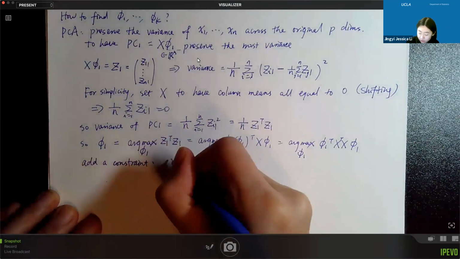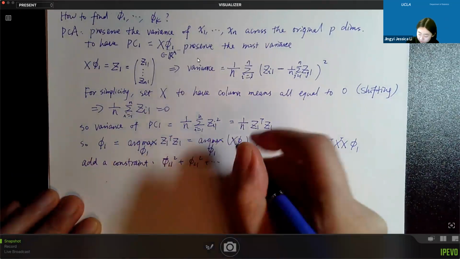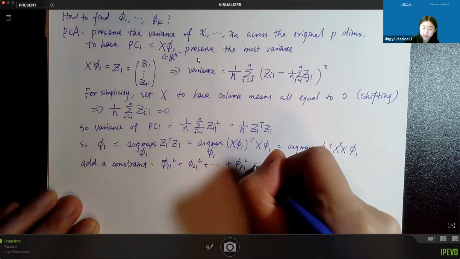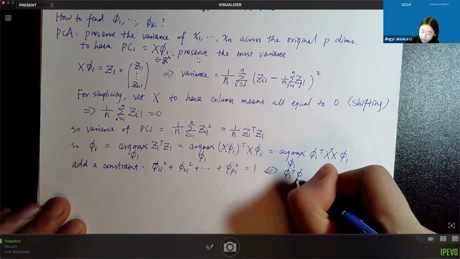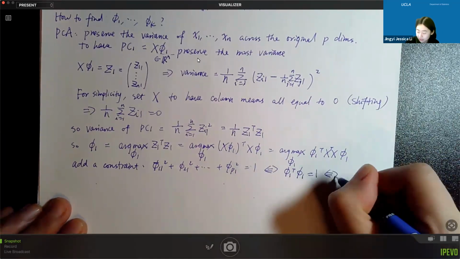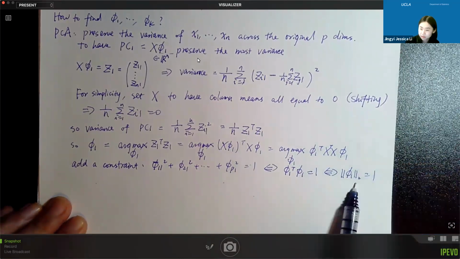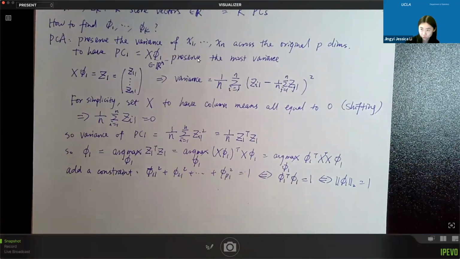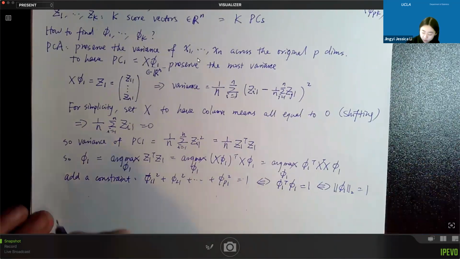And this is equivalent to saying phi 1 transpose phi 1, the inner product, is equal to 1. This is also equivalent to writing that the L2 norm of phi 1 is equal to 1. Sometimes people drop the subindex 2 because the 2 norm is regarded as the standard type of norm. Okay, so we have this. Then the question becomes an optimization problem.